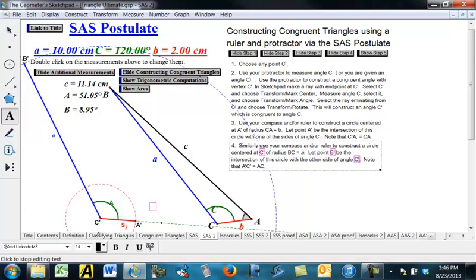And that's the angle here. And so B prime C prime equals BC, which equals A.